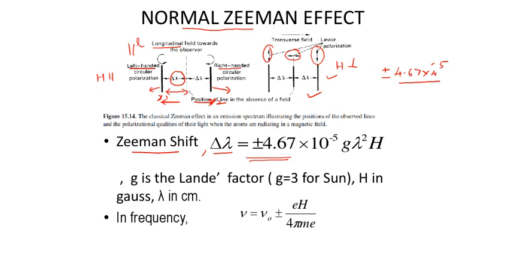Then g is known as the Lande g factor, a concept that comes in spectroscopy, also called the Lande factor. And the Lande g factor for the Sun is equal to 3. So remember this value for the Sun.